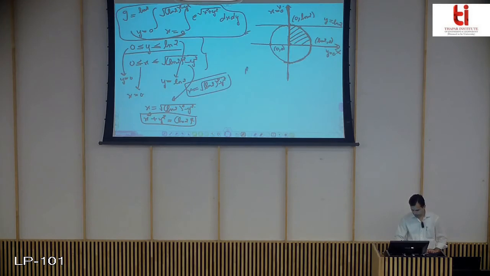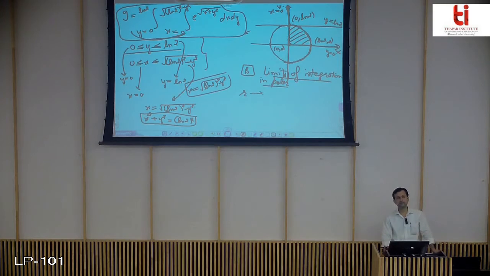Now coming to part B, limits of integration in polar. We have done this earlier. So limits of r. What we do is take an imaginary line starting from the origin, passing through the region R in the increasing direction of r.